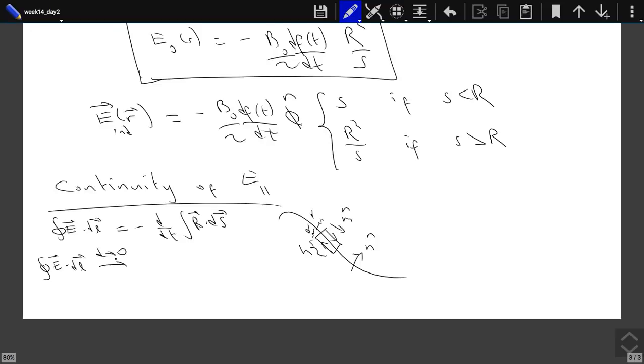So this integral in the limit that d goes to 0 is basically the electric field outside minus the electric field inside, in the m hat direction, times h. But B dot ds, well, as d goes to 0, the area goes to 0. So I'm multiplying the magnetic field with 0 area. So unless the magnetic field is infinite, well, the magnetic field is always finite. Since the magnetic field is finite, if I multiply it with an area, I get 0.